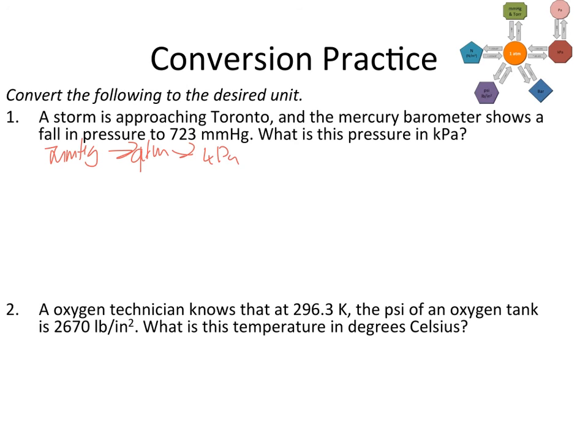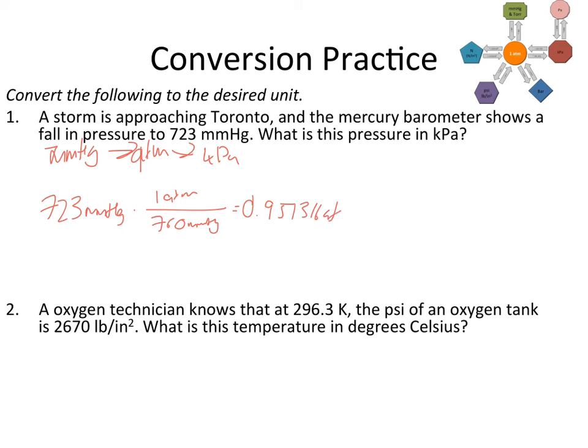So to get from millimeters of mercury to atmospheres, we take 723 millimeters of mercury, and we multiply it by the ratio. So we have 1 atmosphere is equal to 760 millimeters of mercury.